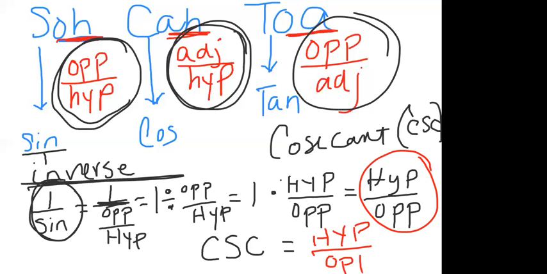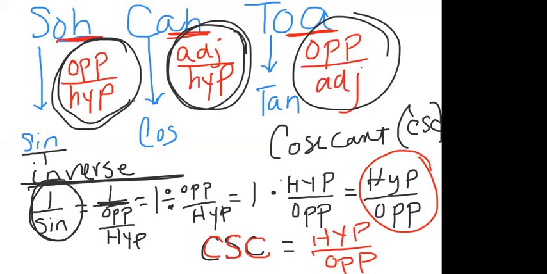Once again, the cosecant, which is the inverse of sine, would represent the hypotenuse over the opposite. You notice these two are inverses of each other. Any questions? All right, let's move on.